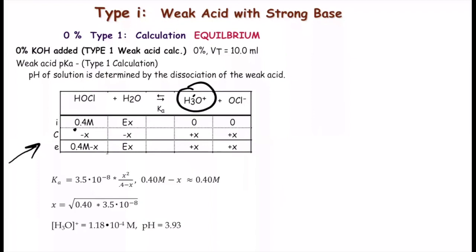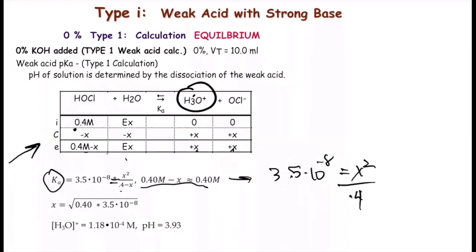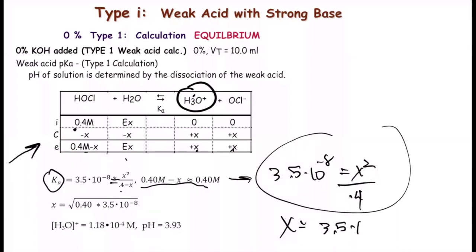If you look at the mass action expression, we can say that Ka is equal to X squared divided by 0.4 minus X. But we're going to make the assumption that 0.4 minus X is 0.4. And so that just becomes 3.5 times 10 to the minus 8 equals X squared over 0.4. If you simplify this math, X equals the square root of 3.5 times 10 to the minus 8 times 0.4.